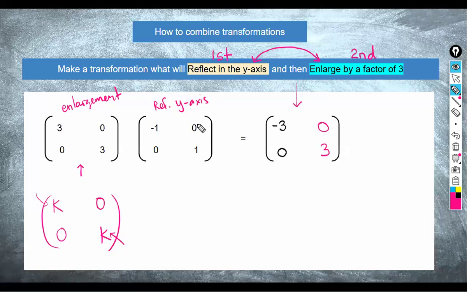Is -1, 0, 0, 1 a reflection in the y-axis? And the answer is yes, if you look back in your notes. But you notice that when you're trying to combine these two matrices to get one matrix that will do both things for you, you'll notice that it goes against common sense.